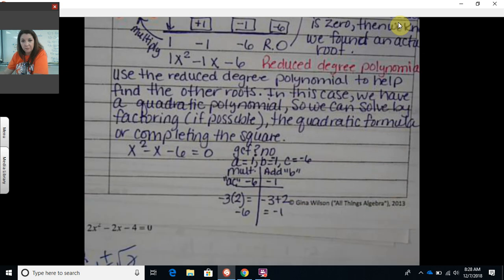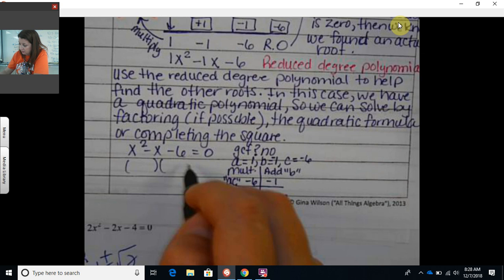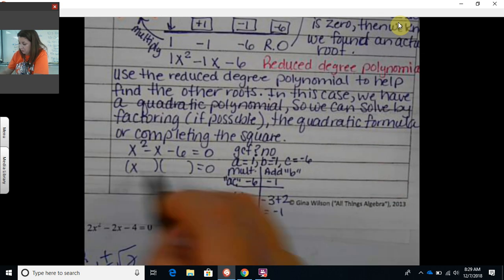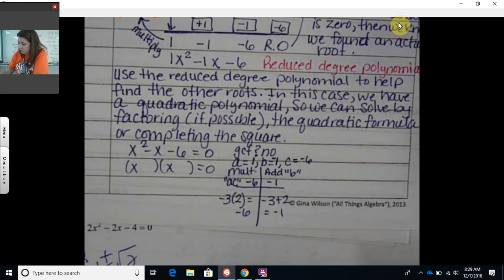Does that work? Yes. So we know from here, if we're factoring, we make our parentheses. We did not have a GCF to go on the outside. The variable being used in this problem is x, so that's our first term in each set. Look at your t-chart to find the numbers to be the second term. We've got a -3 in one, +2 in the other.